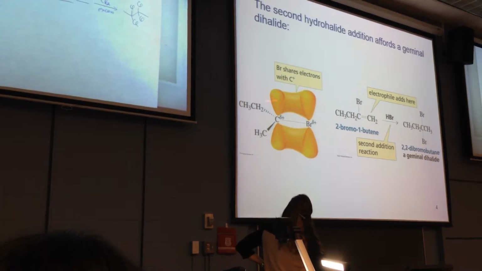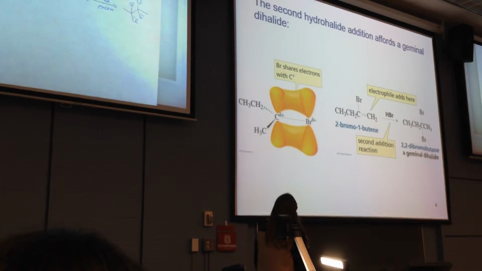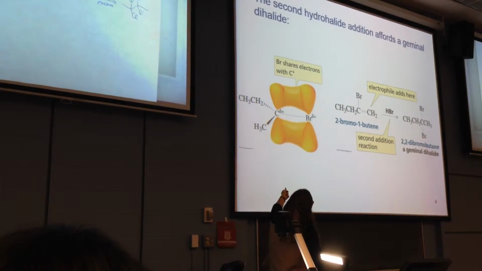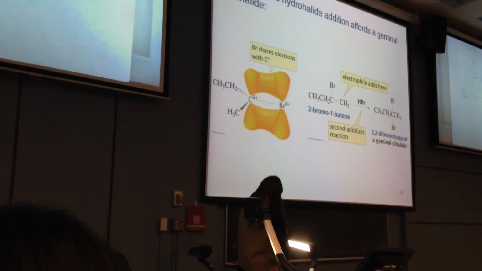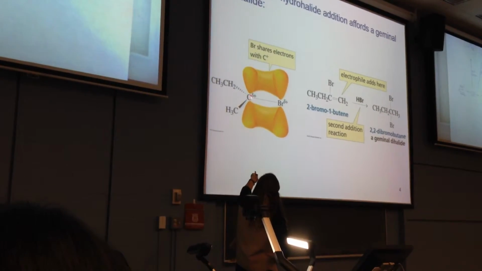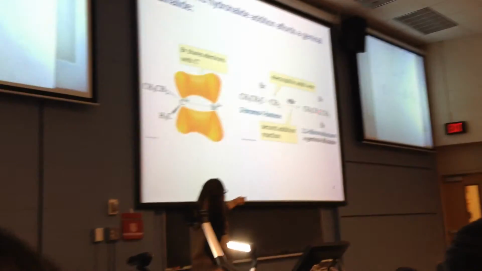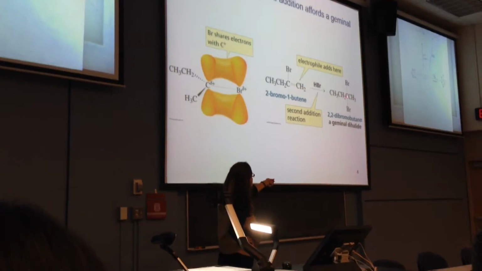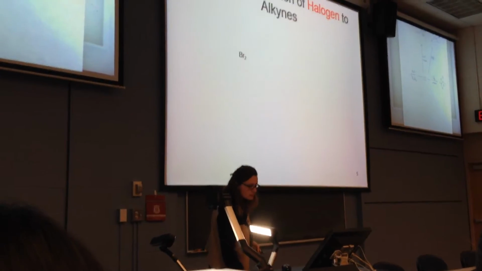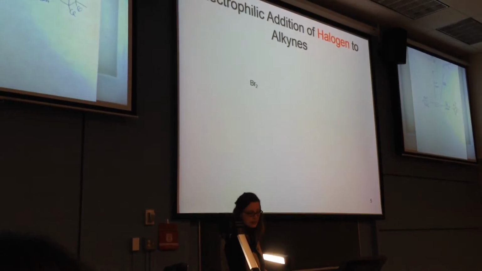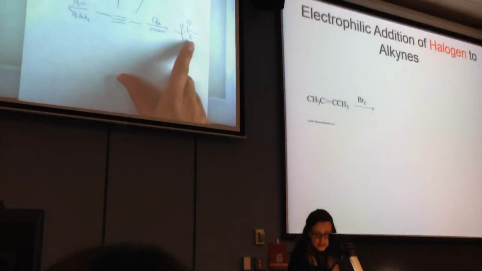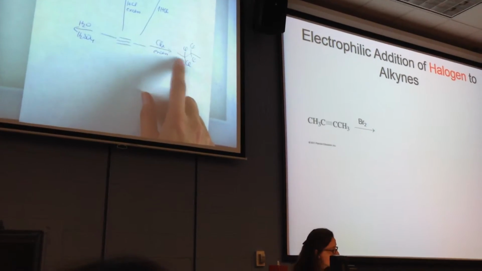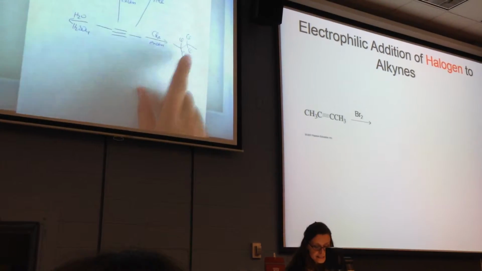Because of this, this carbon is more positive, so the carbon that the first halogen is on is likely to be attacked by the nucleophile, and the other nucleophile comes on and attacks the same carbon. Okay, Br2, that's what we went through. Br2, right? That was our reaction here. Cl2, whatever. You always end up adding two bromides.